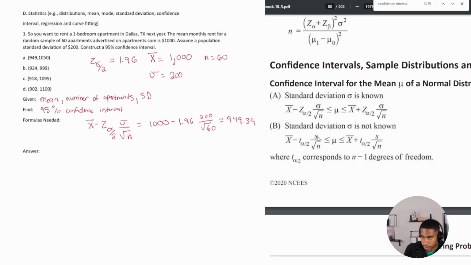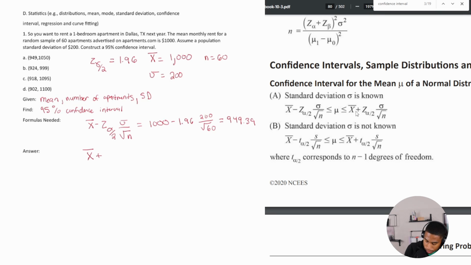So we're 95% sure, we're 95% confident that our rent will be between $949 and our upper bound is going to be here, since we know our standard deviation is going to be the same thing, but it's going to be plus.